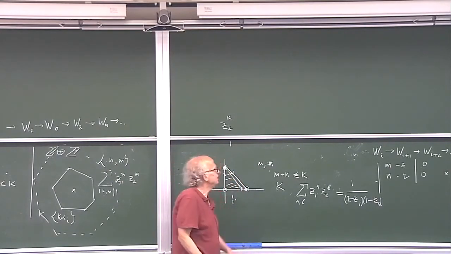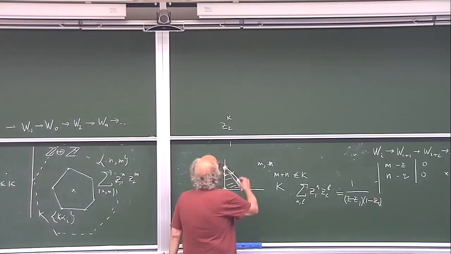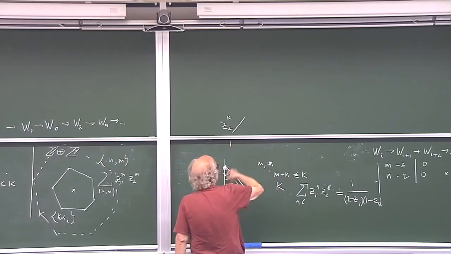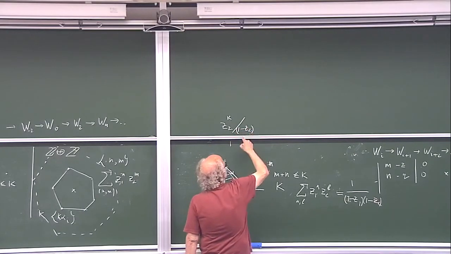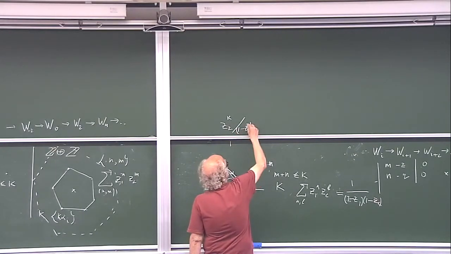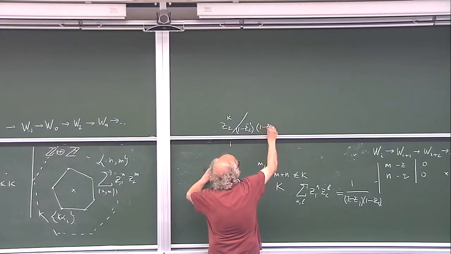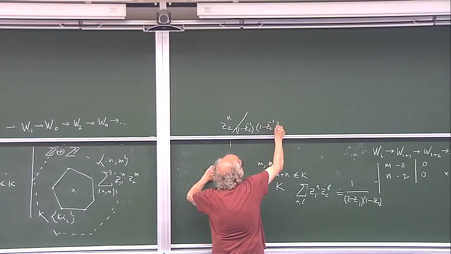If he makes the same calculation, his answer will be this: 1 over (1 minus z2 inverse), and here it will be 1 over (1 minus z2 inverse) times z1.